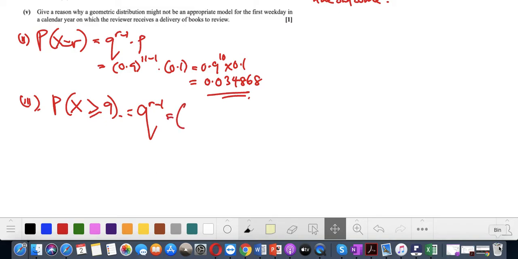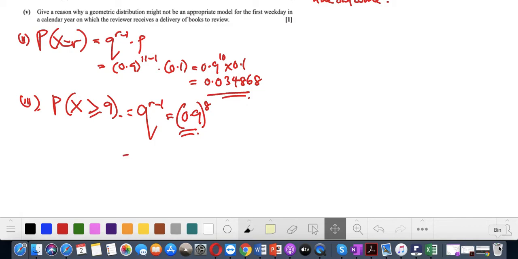So q is 0.9 to the power of 8. This is if he's not reviewing 1 to 8. What is the complement of that? The complement of not reviewing 1 to 8 means reviewing 1 to 8.